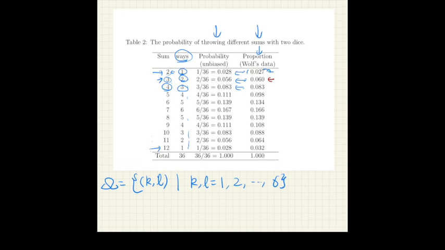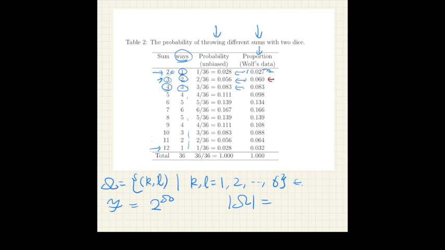For the sigma algebra, we simply define it as the power set, that means the set of all subsets of this. And by the way, what is the cardinality of this omega?